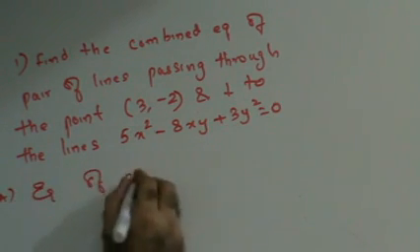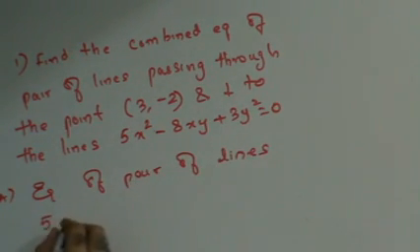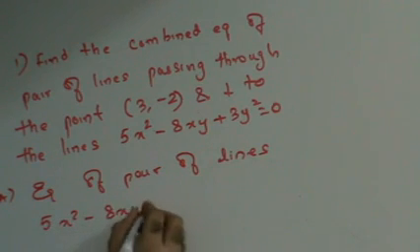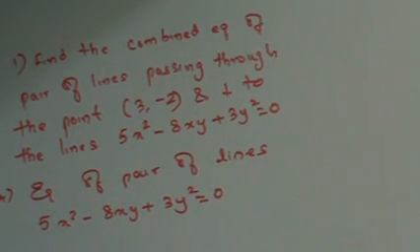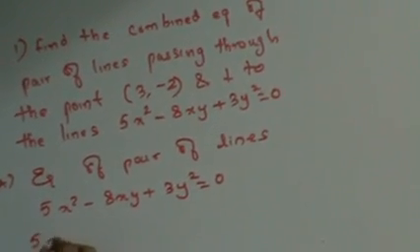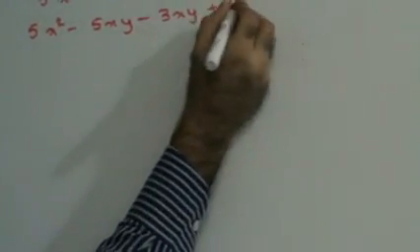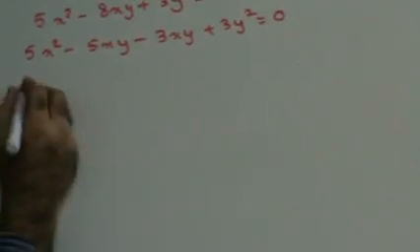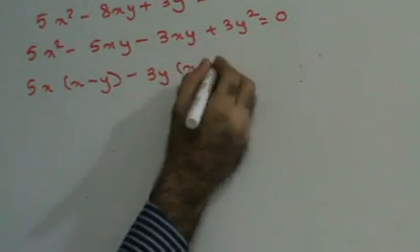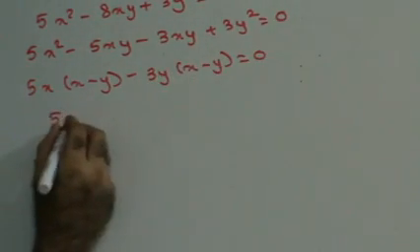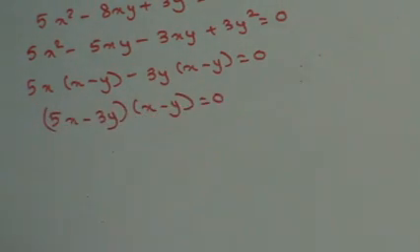Equation of pair of lines is given as 5x square minus 8xy plus 3y square is 0. Let's first solve this quadratic equation. This is going to be 5x square minus 5xy minus 3xy plus 3y square is 0. 5x(x minus y) minus 3y(x minus y) is 0. 5x minus 3y into x minus y is 0.